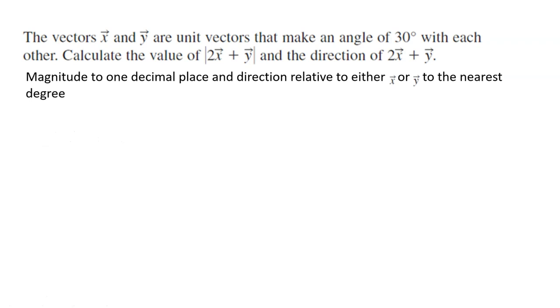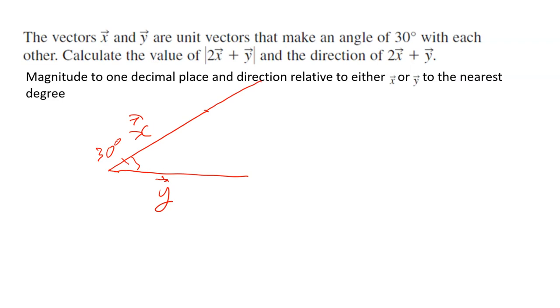Let's say that this is vector x, and let's say that this is vector y. The angle between them is 30 degrees. Now, x has been doubled, so I really should make this twice as long, like putting it all the way up there.